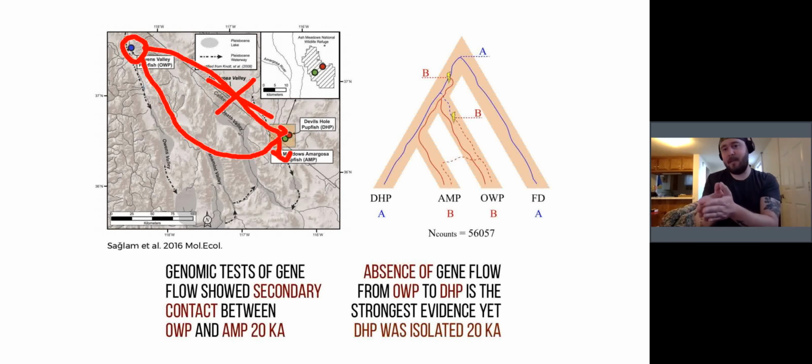What this told us was that if Devil's Hole was a very recent divergence, if this population had not diverged 20,000 years ago, then we should have seen this pattern of migration in Devil's Hole as well. What this told us is that Devil's Hole pupfish had been isolated before 20,000 years ago.